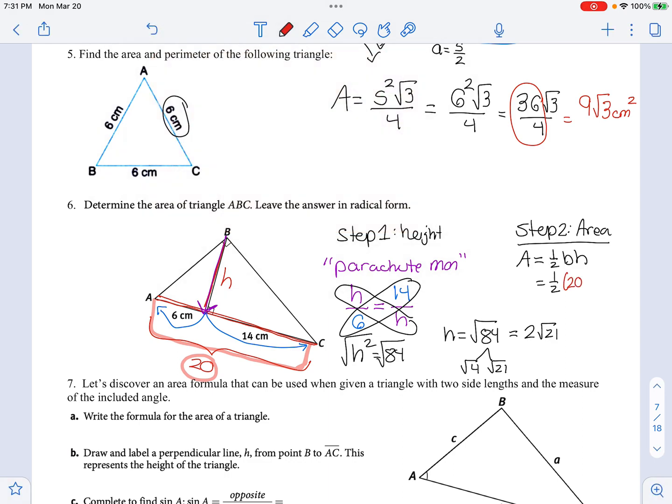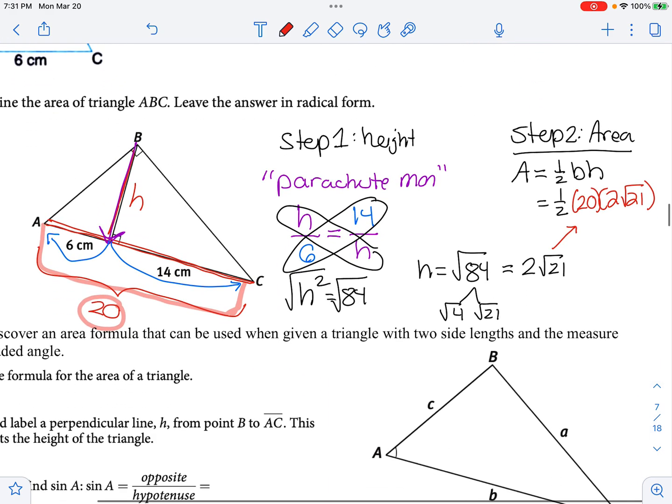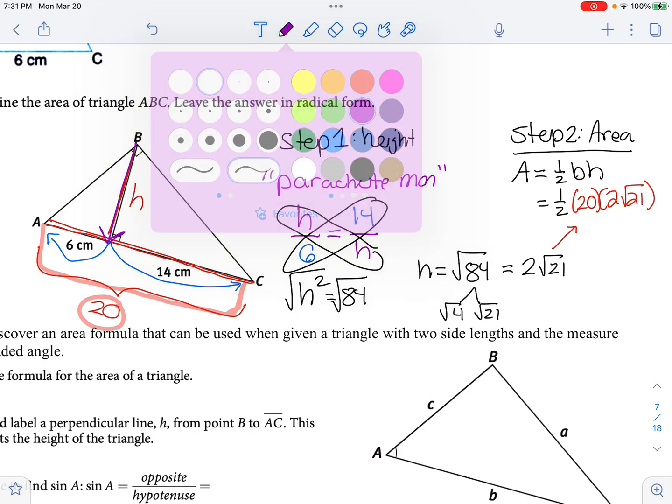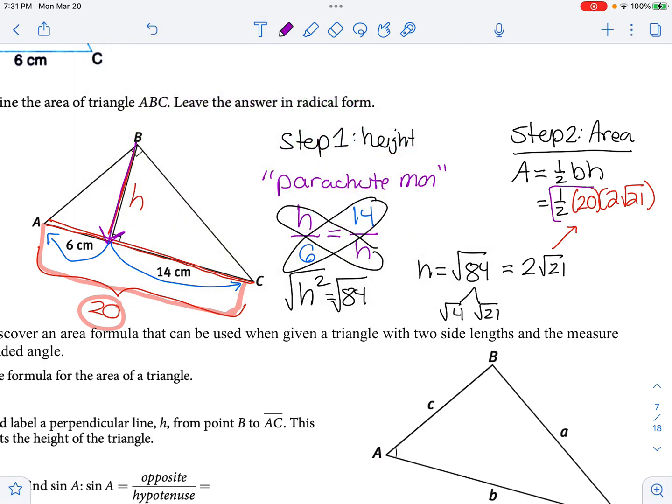And the height we just came up with is 2 square root 21. So if we put all of that in and multiply, half of 20 is 10, times 2 square root 21. 10 times 2 gives me 20 square root 21. And my units are centimeters squared. So my final area here is this one.